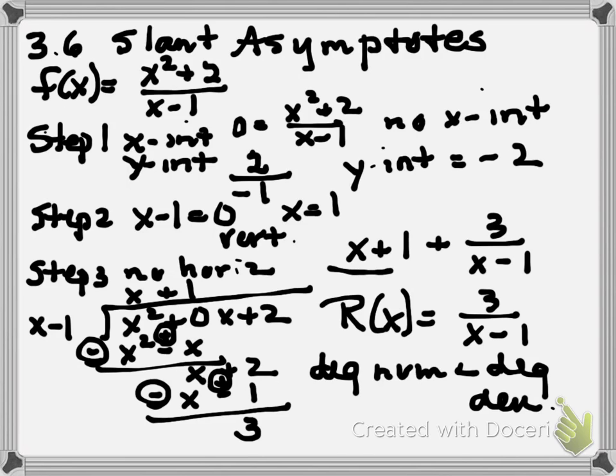And we get an equation for the slant asymptote from the first part of our quotient, and we get y equals x plus 1.